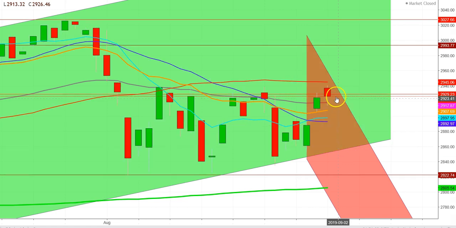But here I find that this level, here you can see, will provide stiff resistance to any upward move of the S&P 500 index.